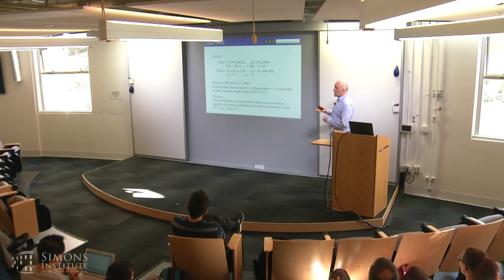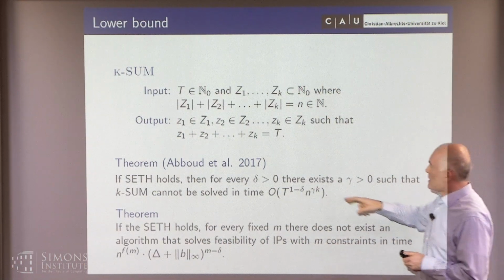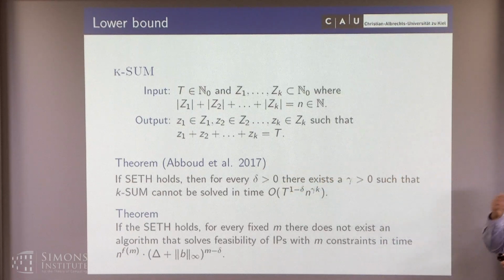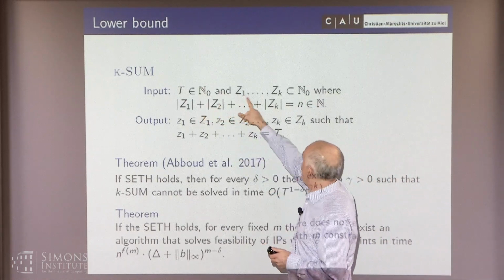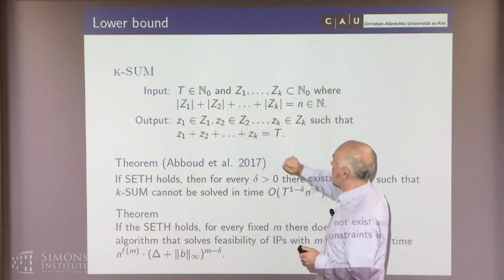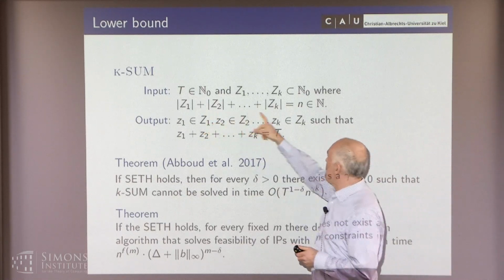Okay. And here you can also prove a lower bound. What's interesting is there was a paper by Abboud and others, I think they published it last year in SODA. But the result was known already some time ago. So this is the following version of the k-sum problem. You have a parameter t and then a collection of numbers, k subsets, where the sum of all the elements is n.